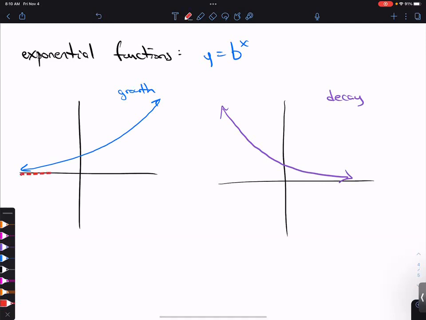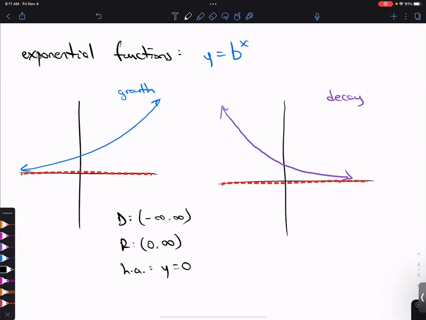Same shape, same domain, same range, same horizontal asymptote, y equals 0. They've both got a y-intercept at 1.